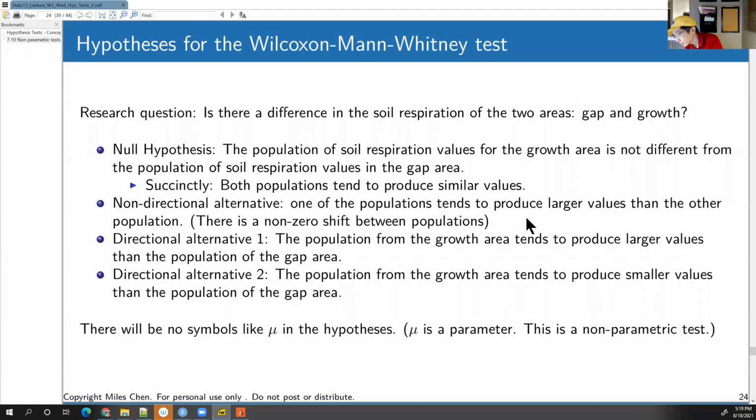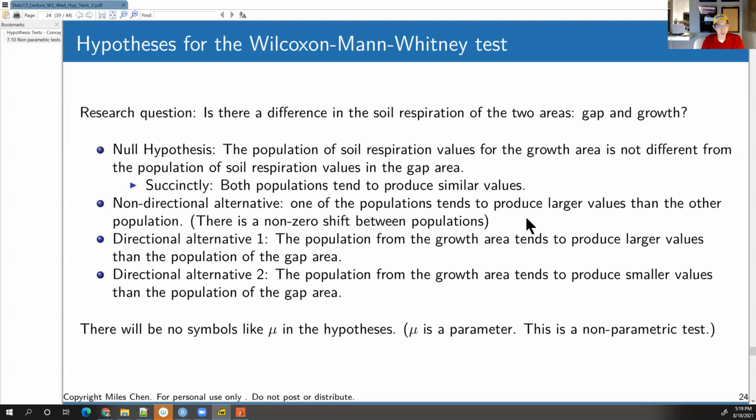So I'm using an example straight from the textbook. And the question is, is there a difference in soil respiration of two areas, the gap and the growth? I didn't know this was a thing, but apparently if you're an environmentalist, you can go into the forest and the soil in the forest breathes off carbon dioxide.